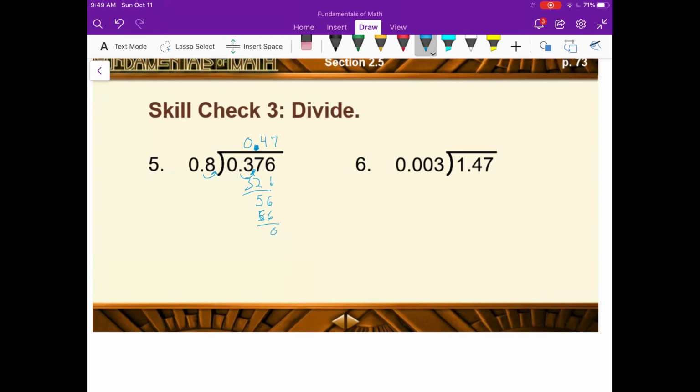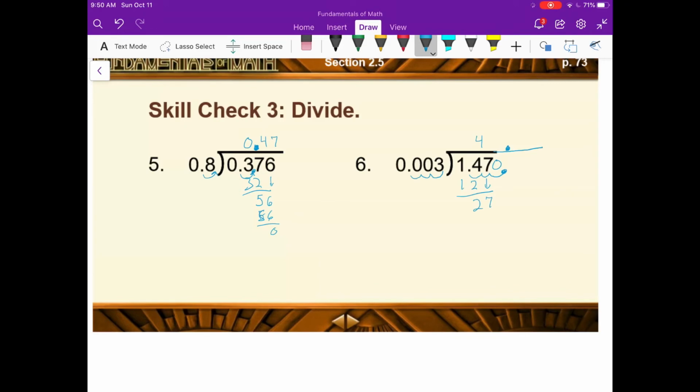For this one, this is in the thousandths, so we have to move the decimal place 3 in both of them. 1, 2, and we have to go ahead and put a 0 in here. We'll continue this out and put a 0 here. 3 into 1 doesn't work, so we go 3 into 14 is 4 times. 4 times 3 is 12. Subtract, we get 2.